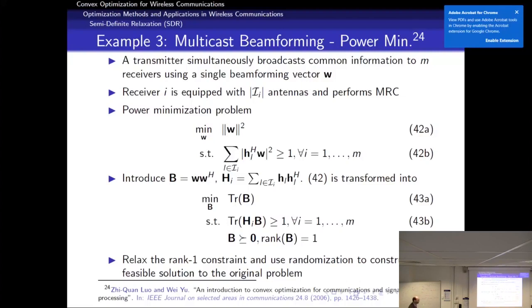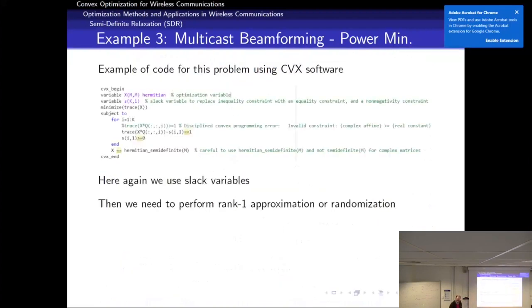Same trick again. Now how do you do that? Again, you relax this. You solve it without the rank constraint, you have a classical SDP, and then you do randomization. So this is an example of how you do that for this problem, when you have this power minimization in multicast.